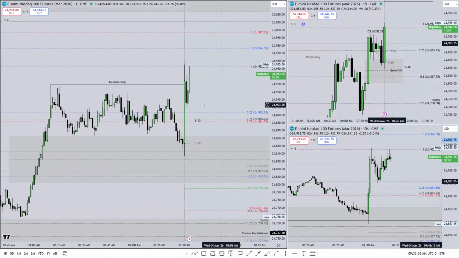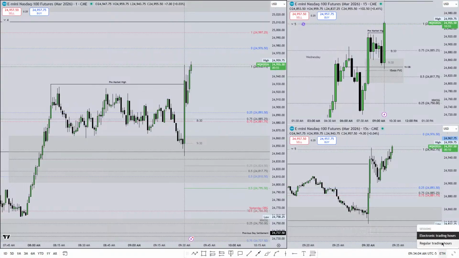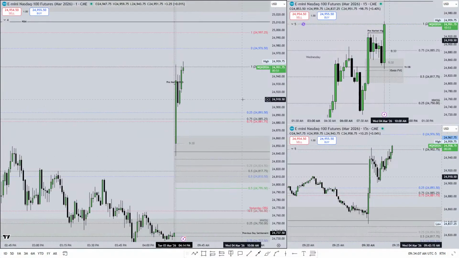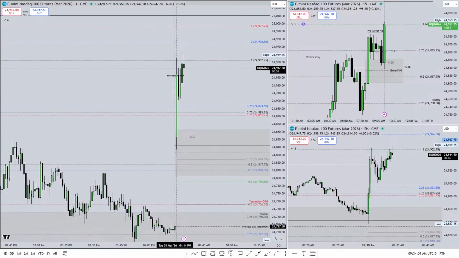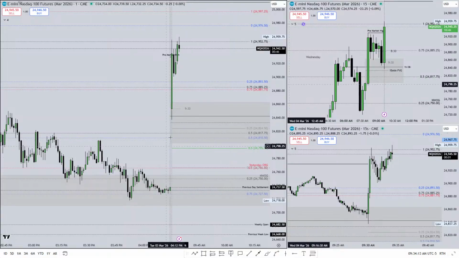But again, I don't want to just go out the gate and chase this, because what they've done is they swept buy side first at the open. And we're going to see if they want to return it down here at all.